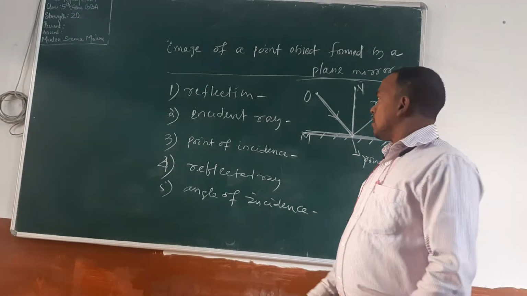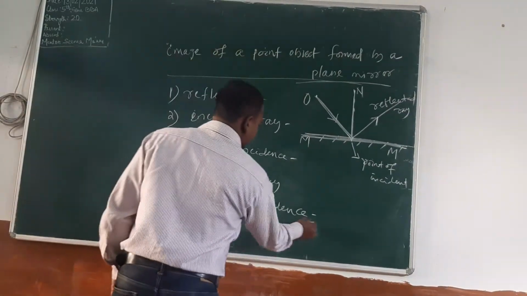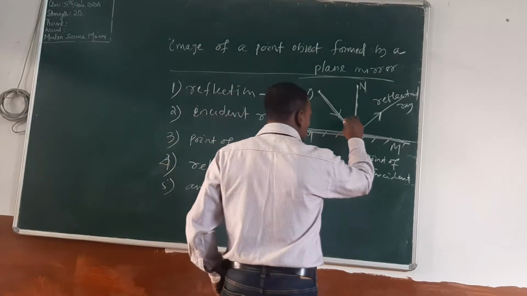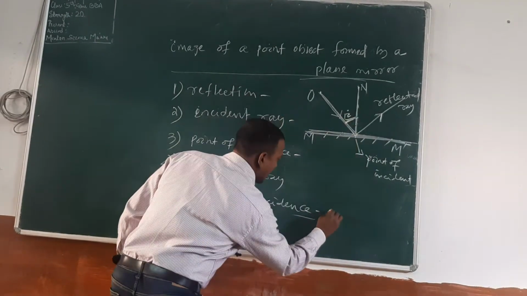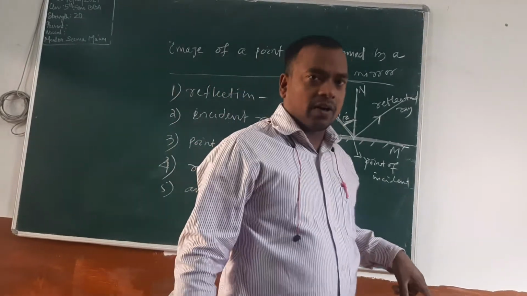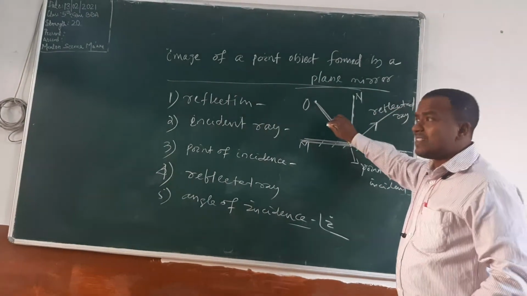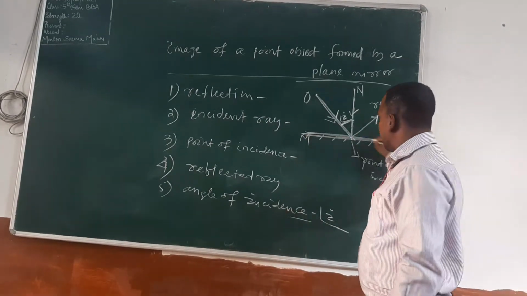So what is the angle of incidence? This angle is the angle of incidence. The angle of incidence is the angle created by the incident ray with the normal.